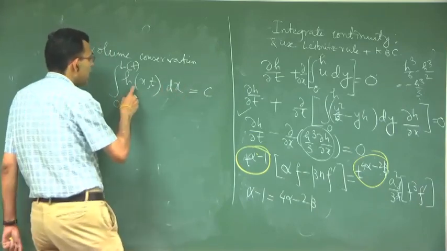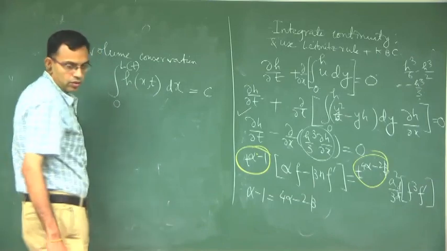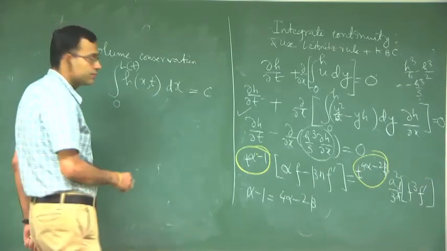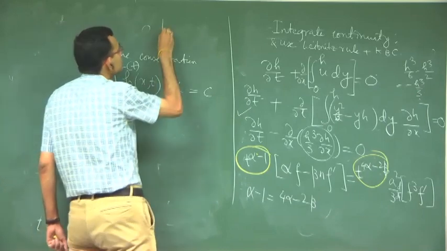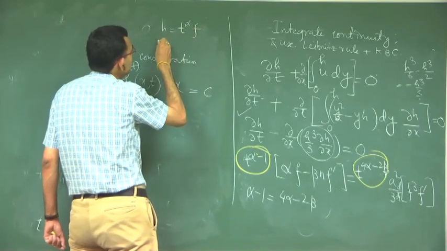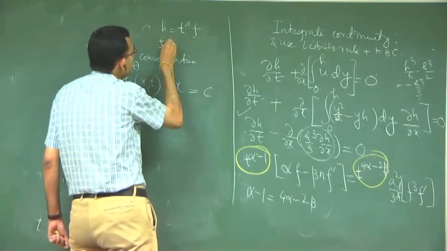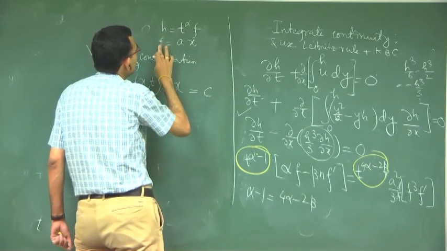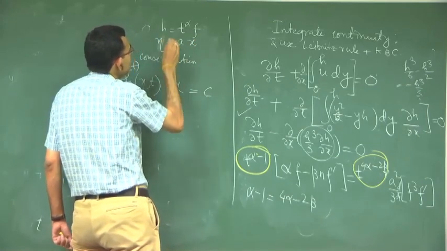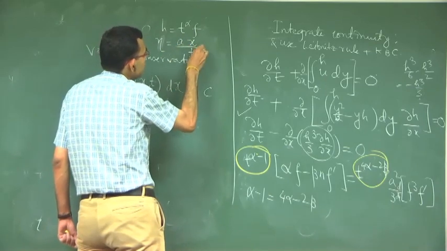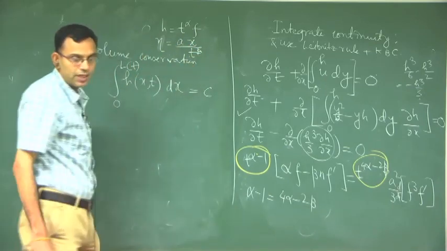So, h is, what is h? h is equal to t to the power alpha into f, and f is equal to, and eta is equal to a x by t to the power beta, right.